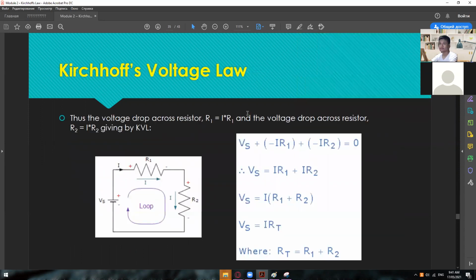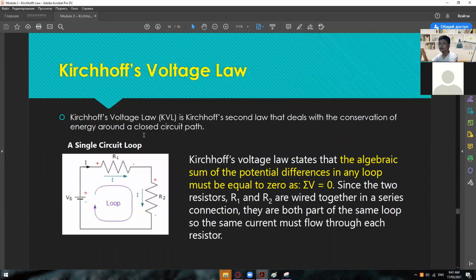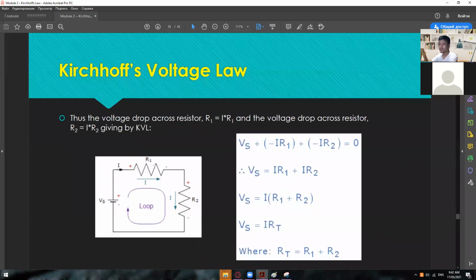Anyway, we have here another explanation when it comes to KVL. So again, it's the summation of voltage equal to 0. So R1 plus R2 is equal to 0. This one is just a combination of Kirchhoff's law and Ohm's law, to be exact.